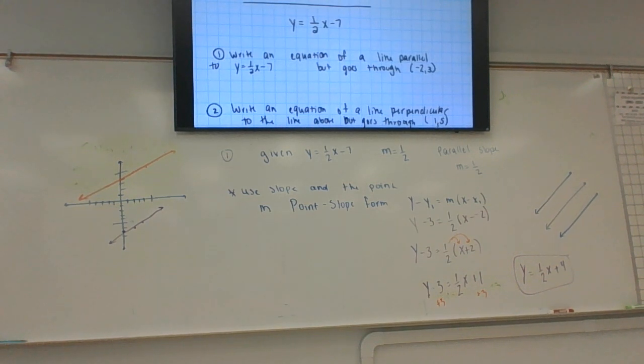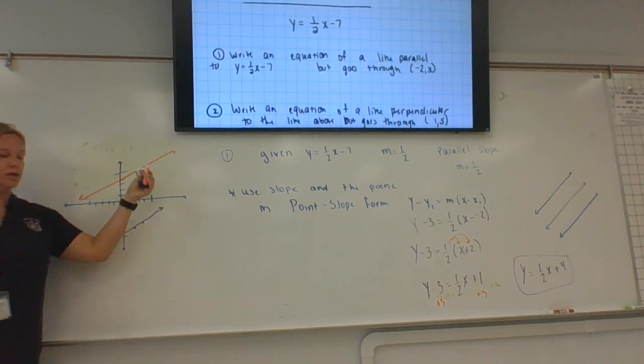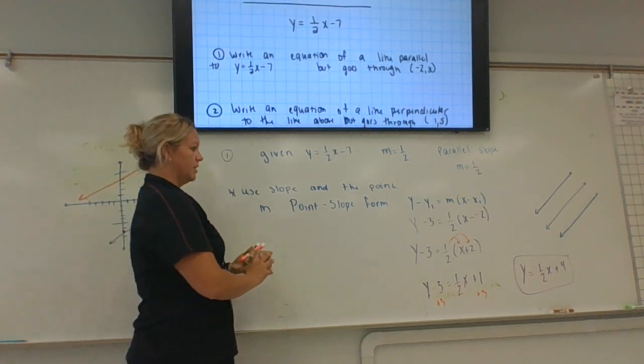Okay, so number 2 goes to that same equation. The only difference is that you want to be perpendicular. So I wish these looked a little bit more parallel, but this is the given line and this is the line we just wrote. So perpendicular should be going the other way. Perpendicular will make that 90-degree angle.